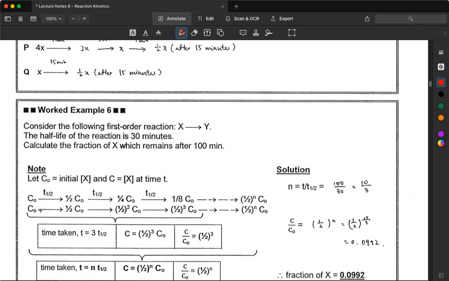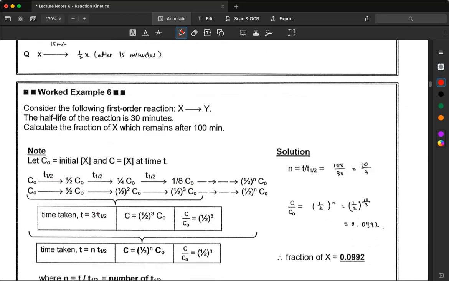Then you can see that after 100 minutes, it's just about 3 half-lives, which is 90 minutes. So the time taken for it to drop to, let's say, 1/8, you can see that is related in this way.